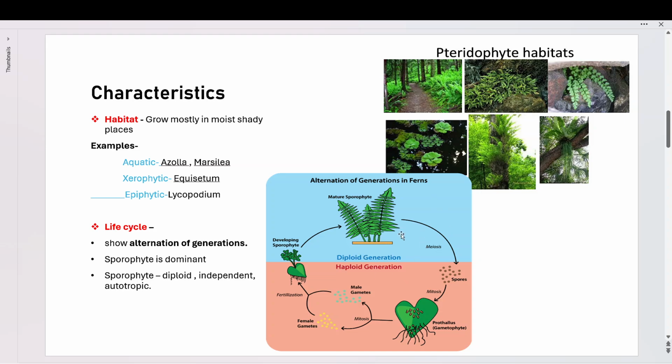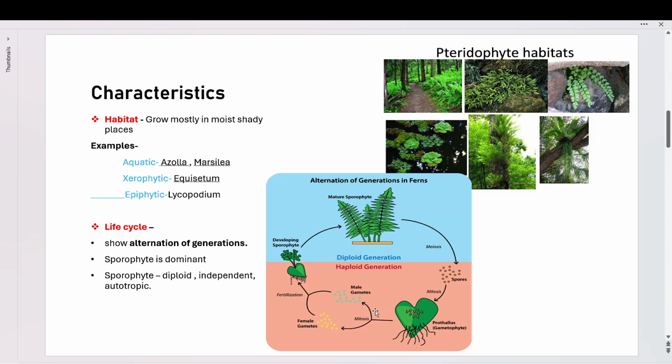In that type of sporophytic plant body, on the backside of the leaves, there are spores present. In those spores, the meiosis process happens. The spores become haploid. They spread and grow into a gametophytic plant body, which is a haploid plant body. After that, in that gametophytic plant body, male gametes and female gametes are present.